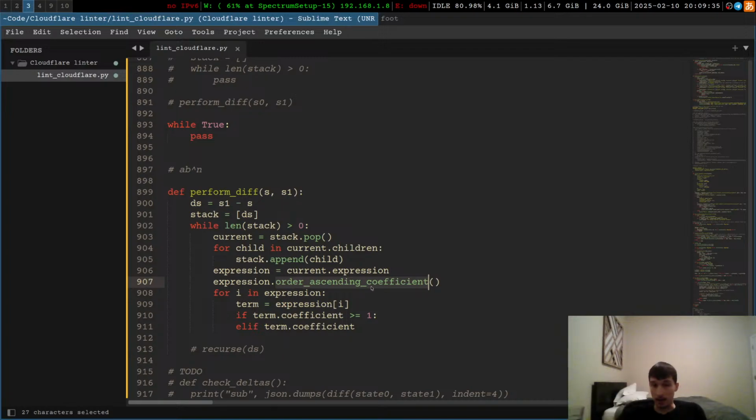We can't create and then delete. We have to delete first. That doesn't affect this case. So we just say, okay, also if it's less than or equal to -1, right, we do that.